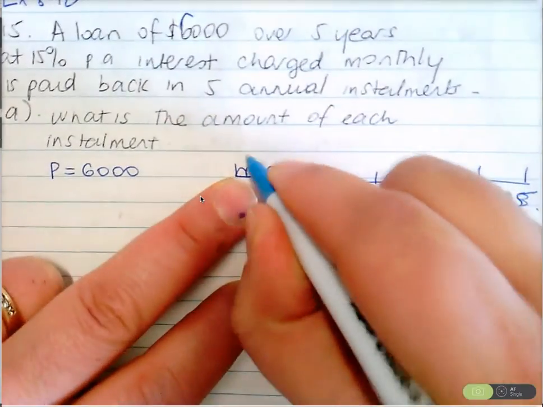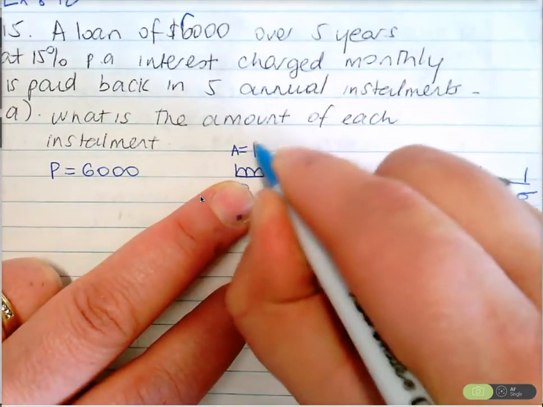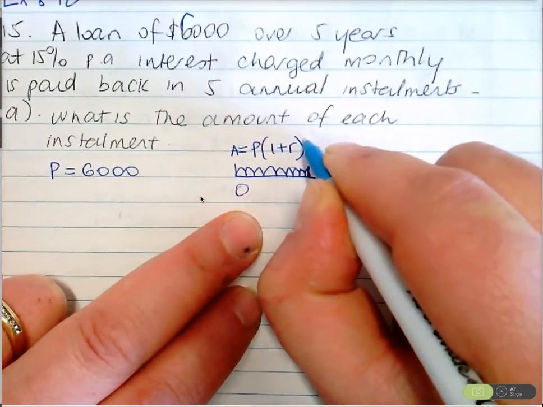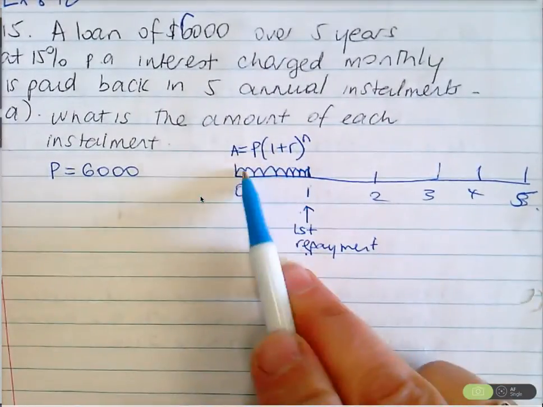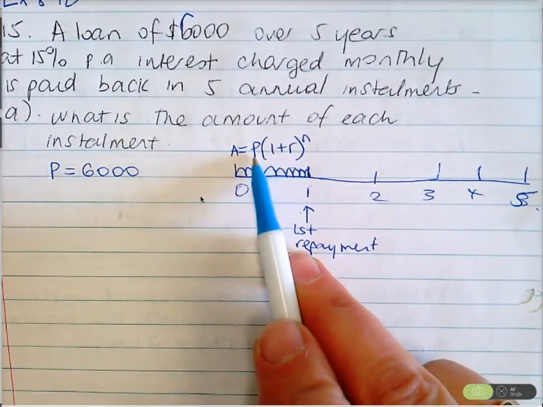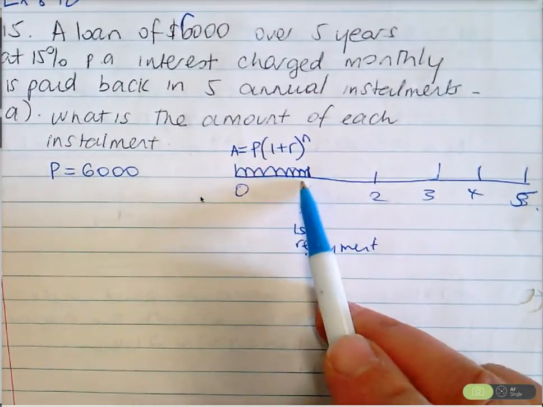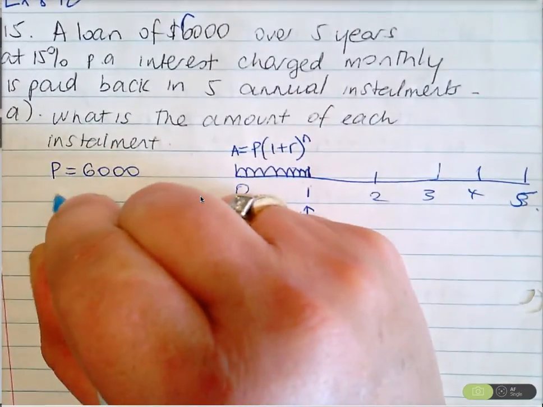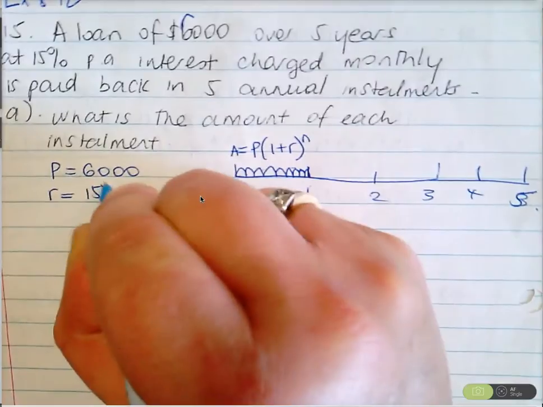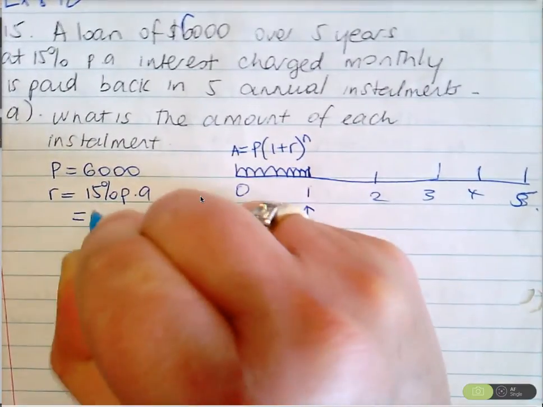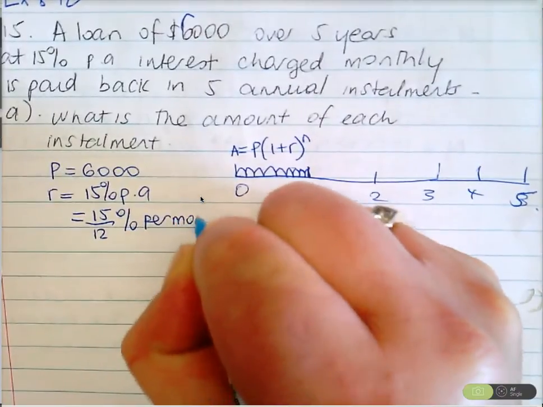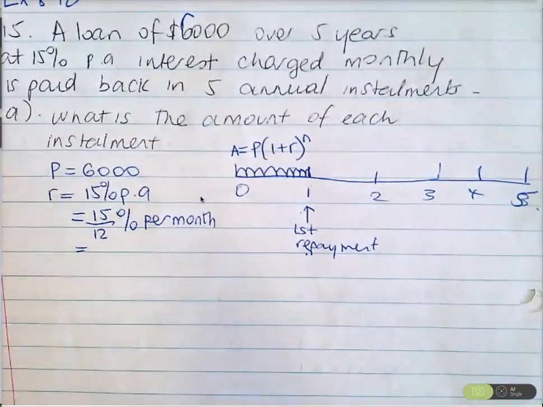But what happens here is this is A equals P, 1 plus R to the power of 12. You see, this original amount of $6,000 grows in that first year. So the interest rate is 15% per annum, but interest is charged monthly, so it's 15 over 12% per month. Now, what's 15 over 12 divided by 100?